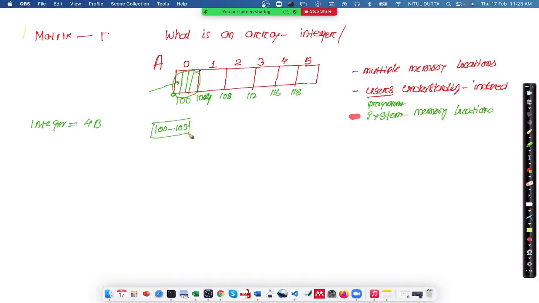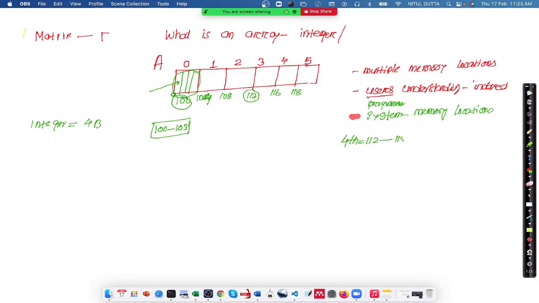However, when I say the address of the first element, I mean the address of the first byte only. Similarly, the address of the fourth element is 112, and it goes up to 115.